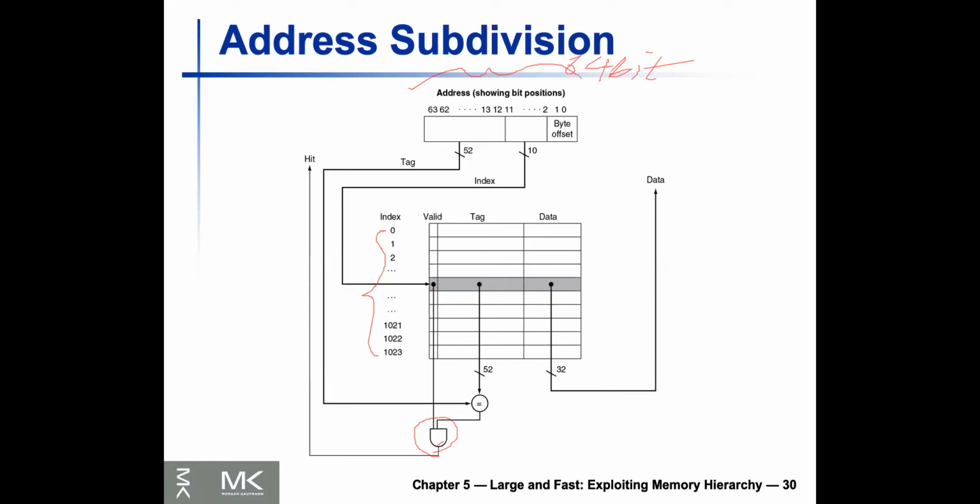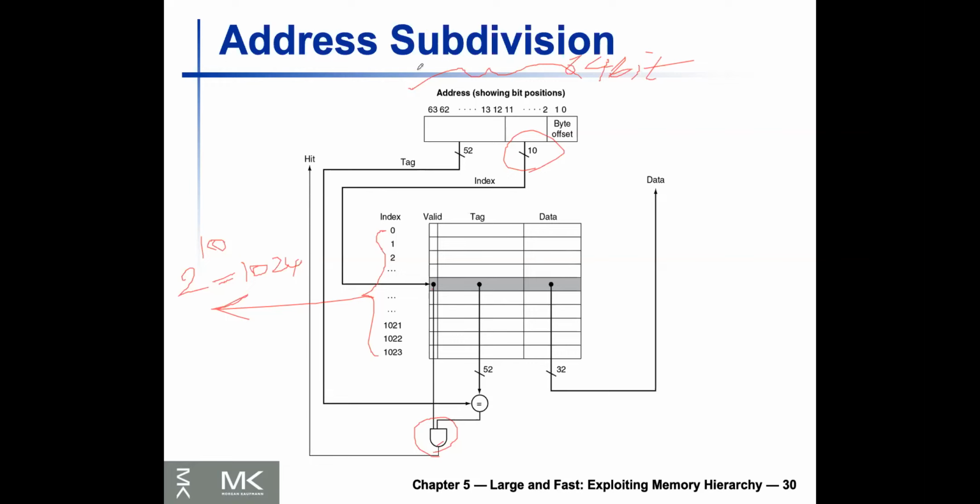Because we have 10 bits here. Yeah, you have a 10-bit index, right? So this can represent 2 to the power of 10, which is 1024. So the number of allocated index bits can represent all my indexes, or indices. And that's why we have this.